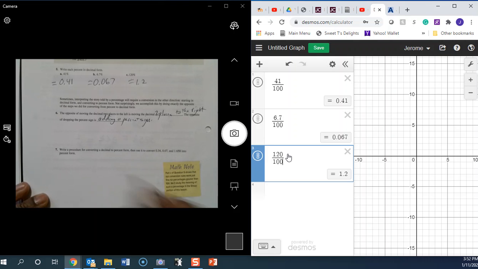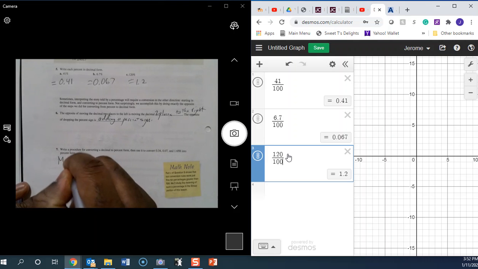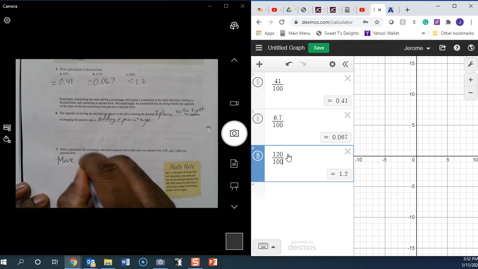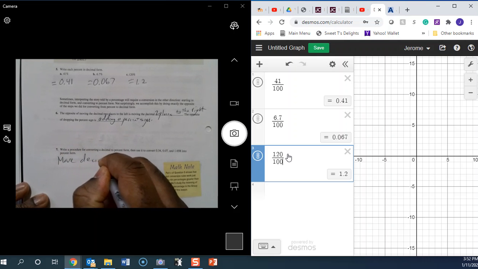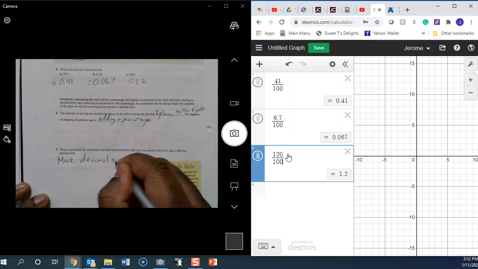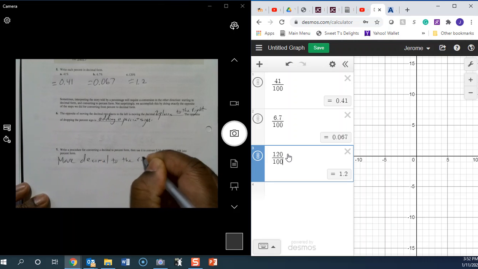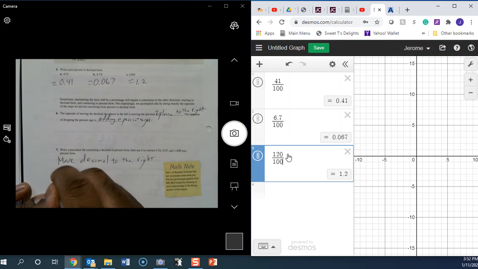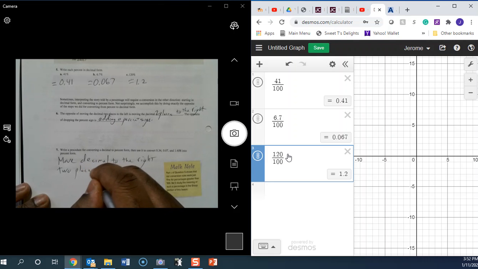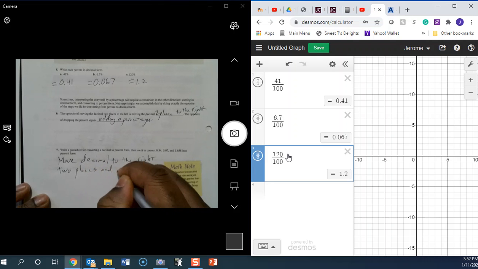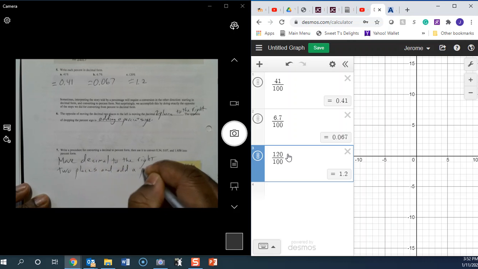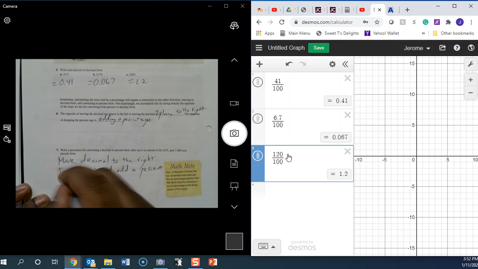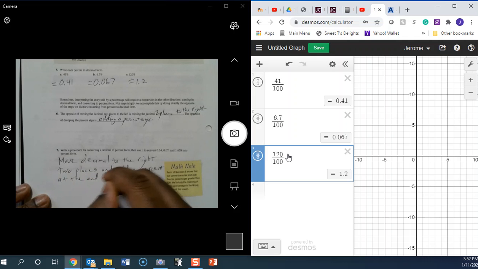Okay, so the procedure would be to move the decimal to the right 2 places, and add a percent sign at the end of the value.